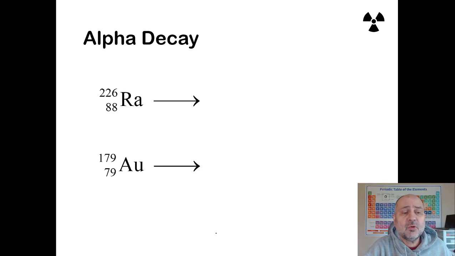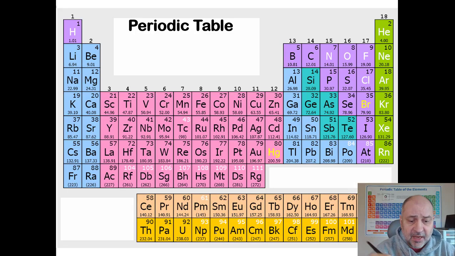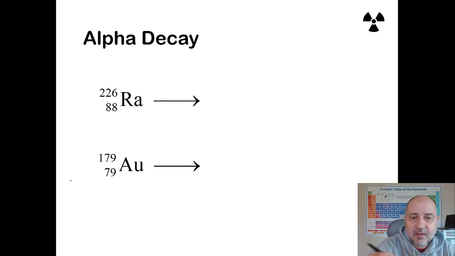If I ask you to write the complete balanced nuclear equation for alpha radiation of radium 226, you write the symbol radium. So you find radium, it's right here. This is how you know that the number is 88. So you write 88. Then you must know that alpha radiation is this.